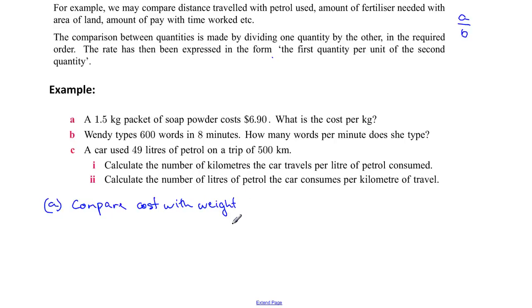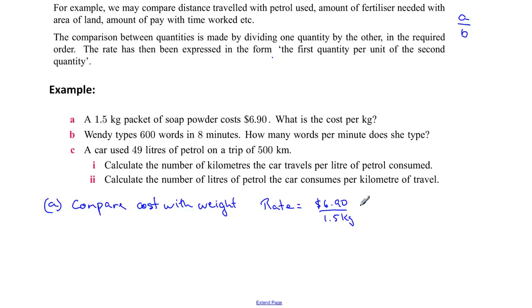So that's the first thing we're going to do, and it's got to be in that order. So we say, therefore, that the rate that we're looking for is our cost, $6.90, and we divide it by our weight, in this case 1.5 kilograms. So that's actually $6.90 per 1.5 kilograms.